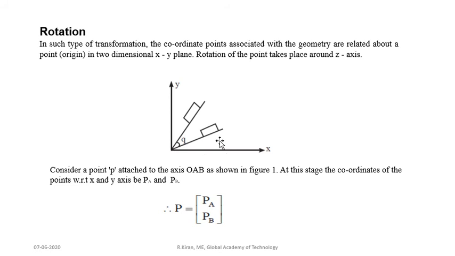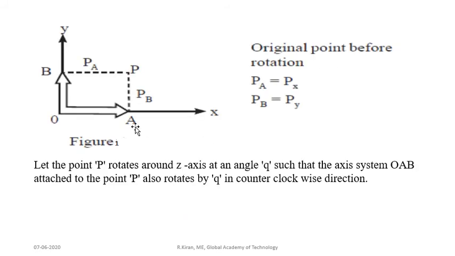So in the next sketch, consider a point P which is attached to the axis OAB as shown in the figure. So here the original point before rotation is nothing but the PA. PA is equal to PX and PB is equal to PY.